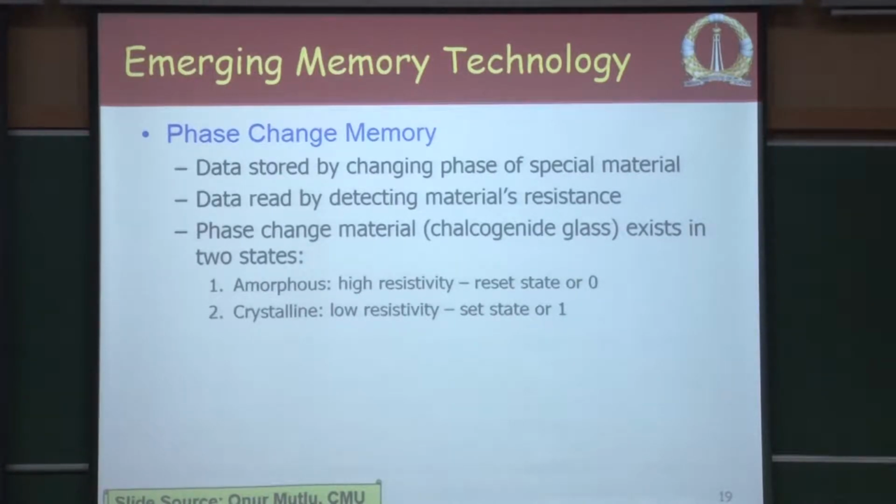So, it goes through two phases, one called the amorphous phase, which is a high resistivity phase, and the other one is a crystalline phase, which is the low resistivity phase. By passing some current, you can make this material go from one phase to the other. That is like storing a 0 or a 1, and then you measure the resistivity, and then you know what is being stored there. Okay. So, this is how this device stores information.